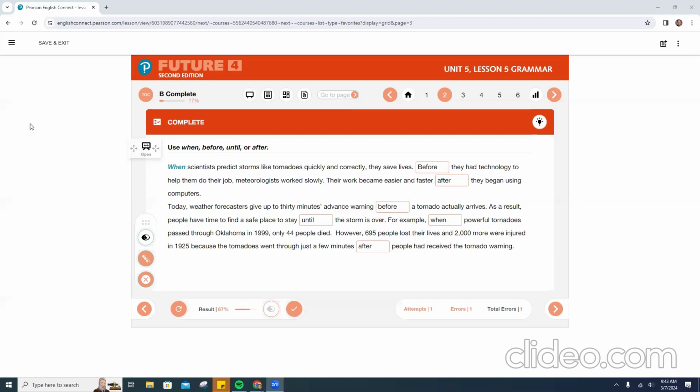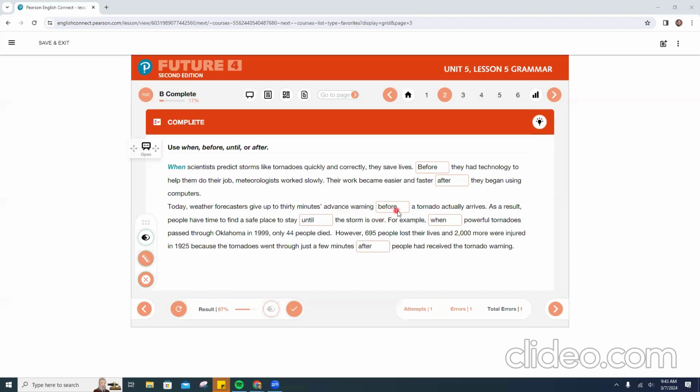Okay, so let's go ahead and look at the answers now. So we said for the first one, before they had technology to help them do their job. Next one, their work became easier and faster after they began using computers.